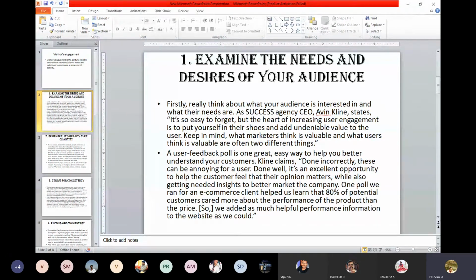They understood the needs and desires of the audience, and based on that they implemented it in the market. The same way, content also plays an important role. If you want to explain about your instant noodles, then you have to put content related to the noodles in the website or in your blogs.